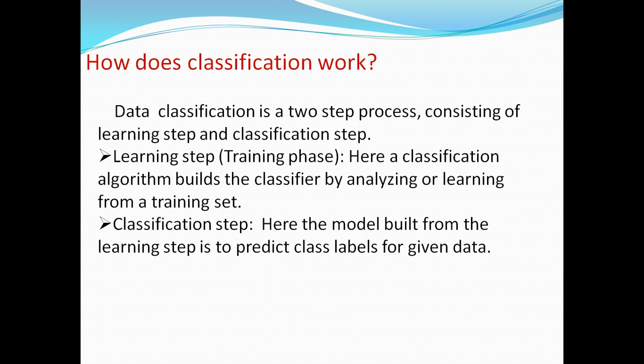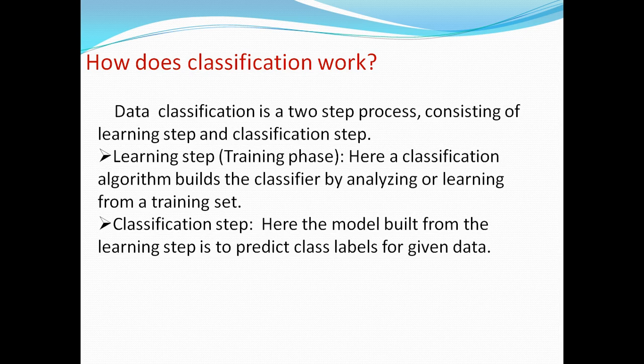So how does this classification basically work? A data classification is basically a two-step process, say learning step and classification step. In learning step, the classification algorithm, that is ID3 or C4.5, builds the classifier by analyzing or learning from a training set. Whereas in classification step, the model built from the learning step is used to predict the class labels.